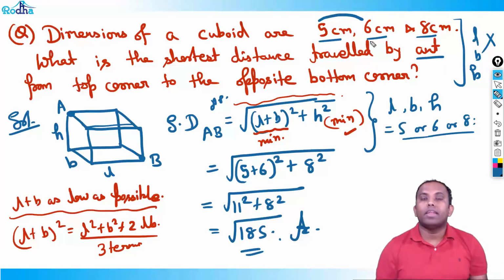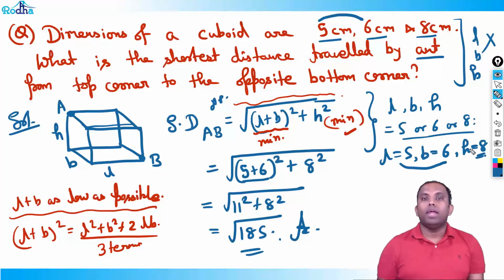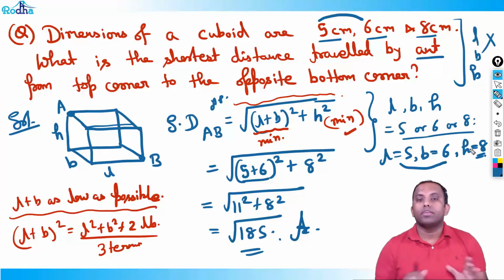So out of 5, 6 and 8, the minimum 2 values I can give L and B are 5 and 6. Therefore L is equal to 5, B is equal to 6, or vice versa, and H is equal to 8. This is the answer. So in a cuboid, whenever it's this kind of question, always assign L and B as the minimum of the 2 values. You will get your correct answer every time.